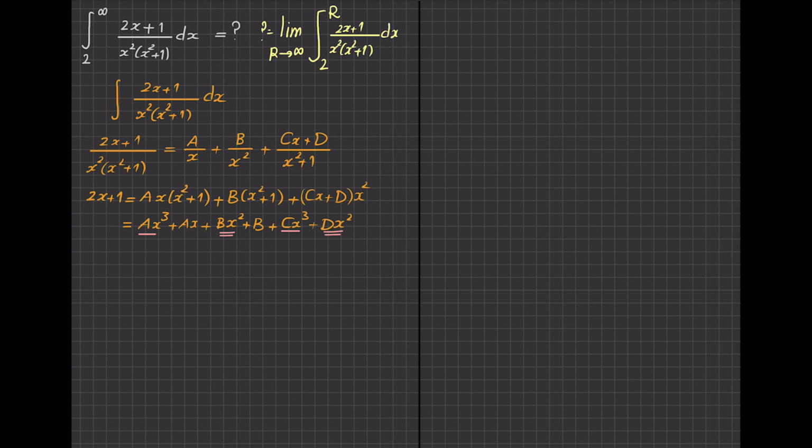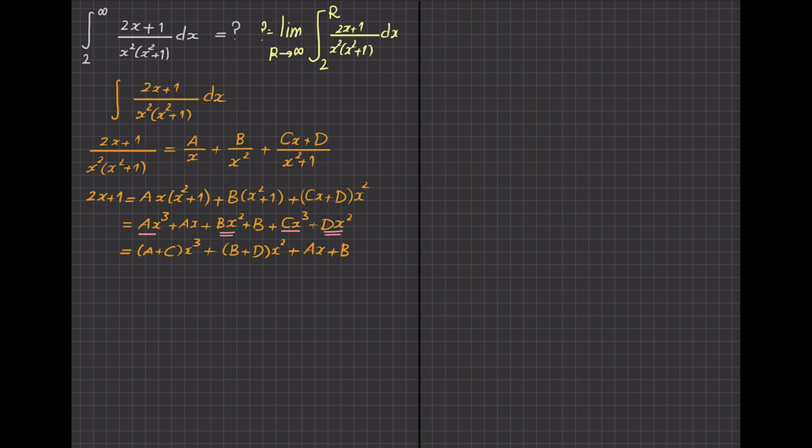So what I do, I would write A plus C times x cubed, and then I will have B plus D times x squared. Then I have Ax plus B. And now look, the right hand side is a third degree polynomial. The left hand side is a first degree polynomial.